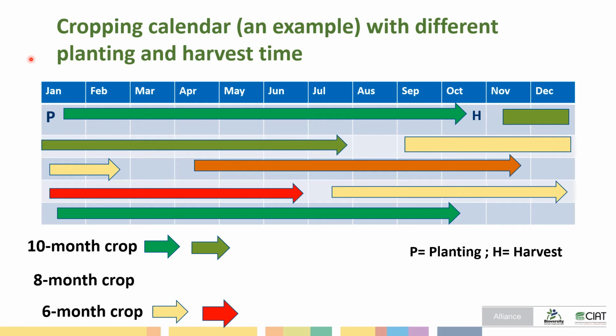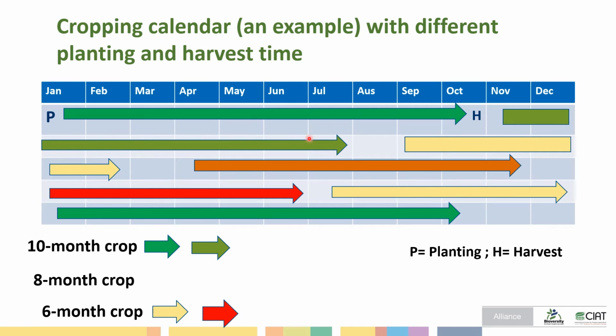Before going into the experiments, I would like to draw your attention to this cropping calendar. This is an example of a 10-month crop. This is the planting time and this is the harvest time. In different countries it can be a little different, but farmers try to put their crops on the ground at their optimum time, though sometimes they harvest a bit early because of the price.